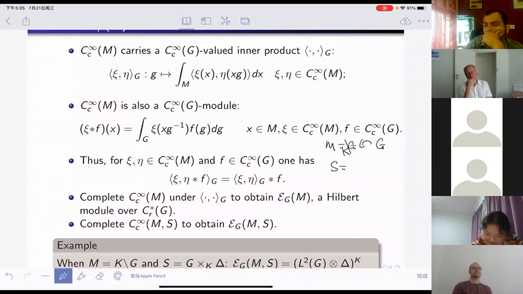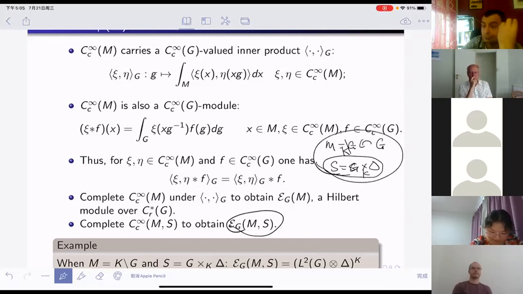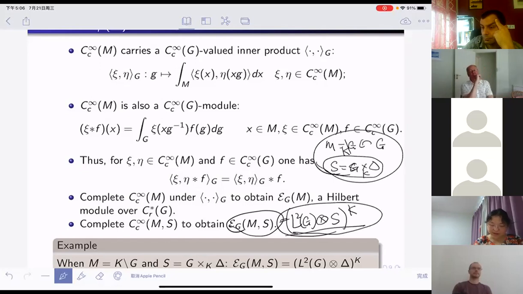If we have the spinor bundle given by the associated bundle to the spin representation, in this condition the module is very simple. It is just L^2(G) tensor S, invariant under K. So this is very explicit. One can easily check that this right-hand side is a module over the reduced group C*-algebra.